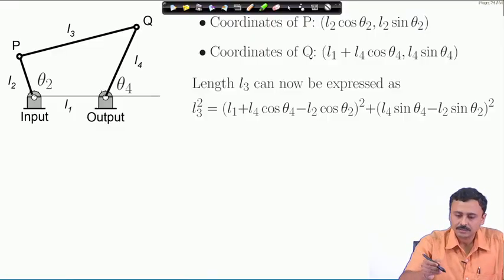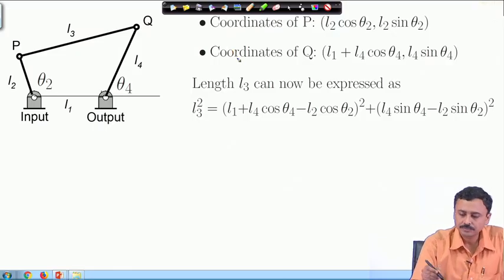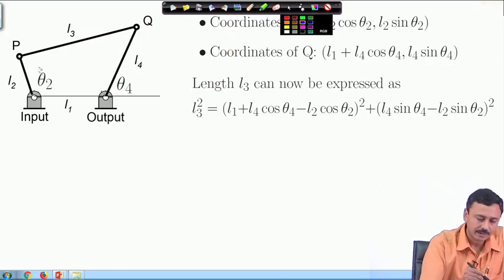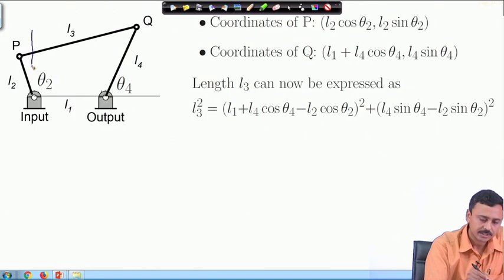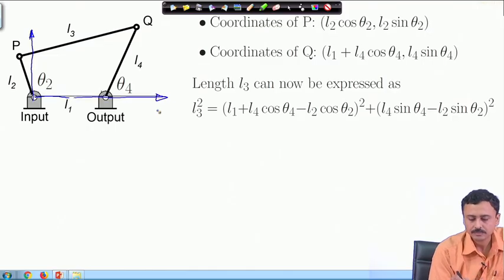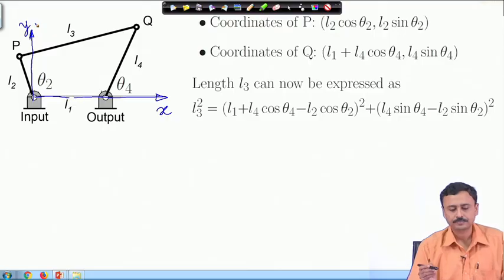Now, these steps are straightforward. First, we write down the coordinates. For that, I will require the coordinate system. Let us say this is the x axis and this is the y axis.